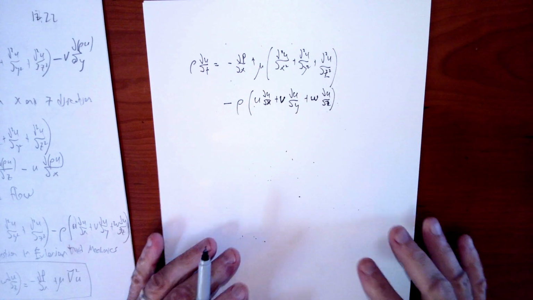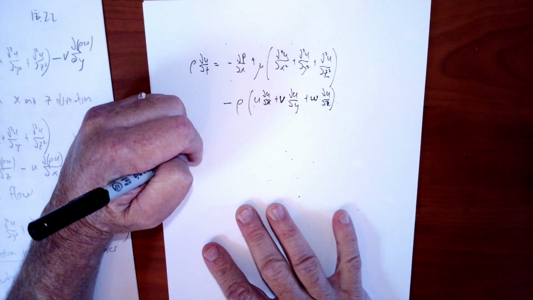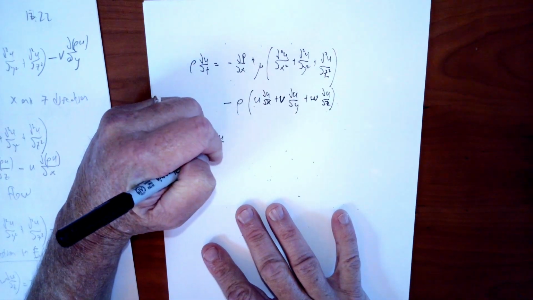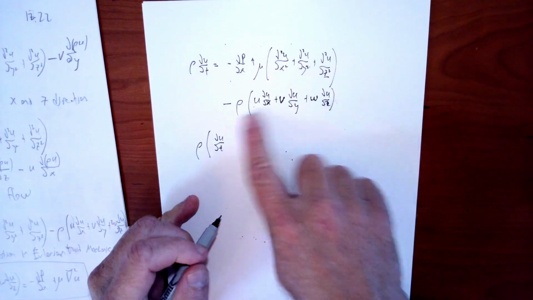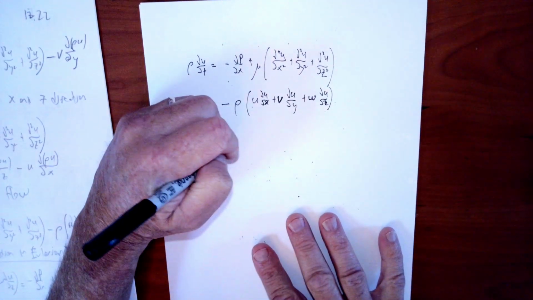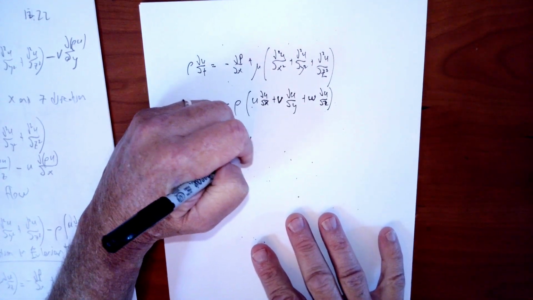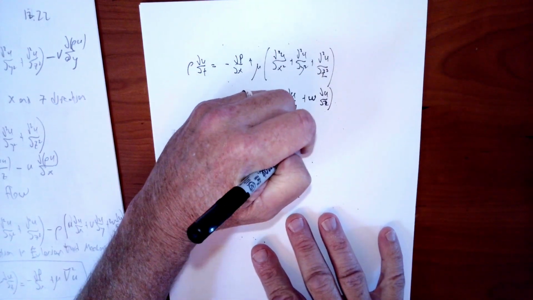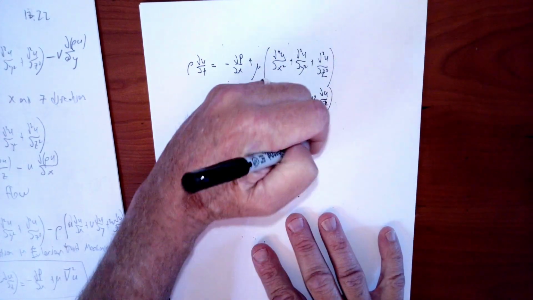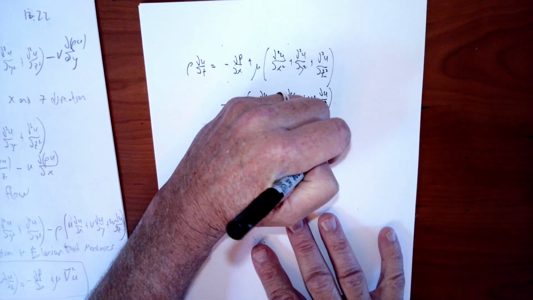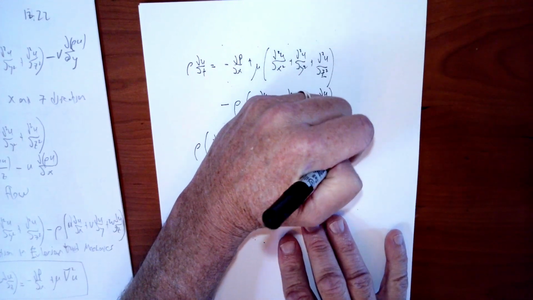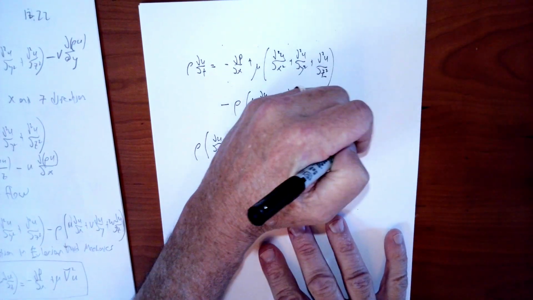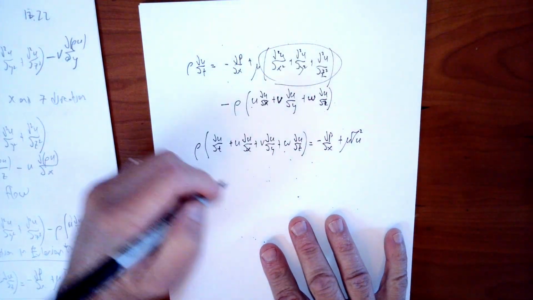So finally, the way you almost always see this for incompressible flow, rho is out in front. We have du/dt, and then we have all these terms brought over to give them a positive sign. So we have u du/dx plus v du/dy plus w du/dz. And then we have minus dp/dx, and we have mu, and I'm just going to call this the Laplacian, del squared u, which represents all three of these derivatives.